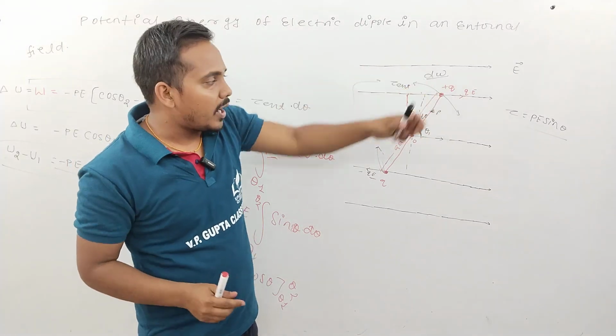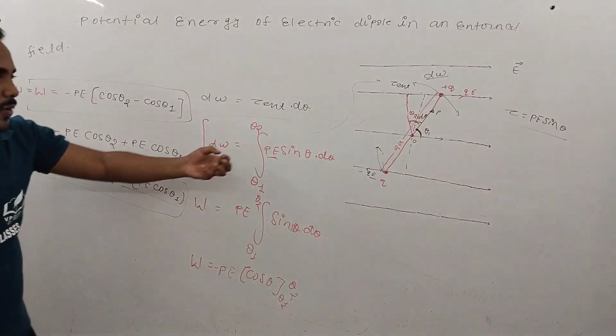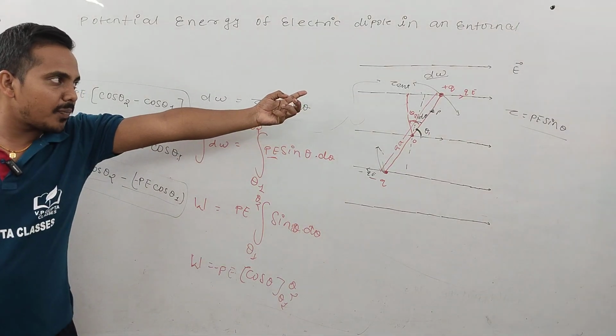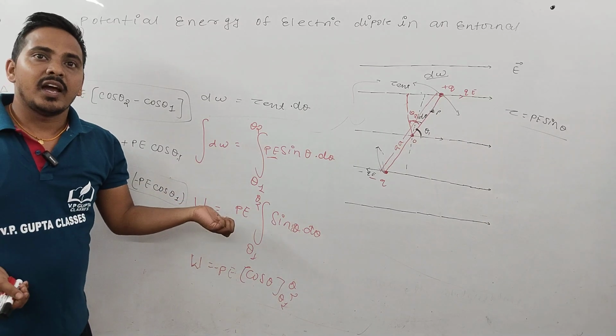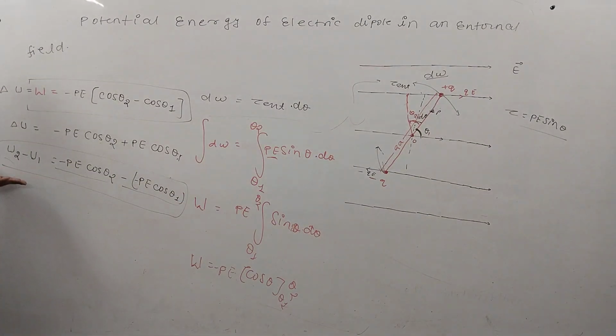This is the formula for the change in potential energy when we apply the tau ext, comparing with U2 minus U1.